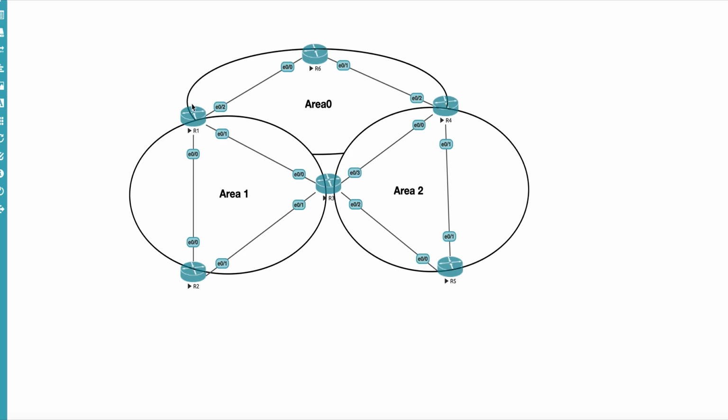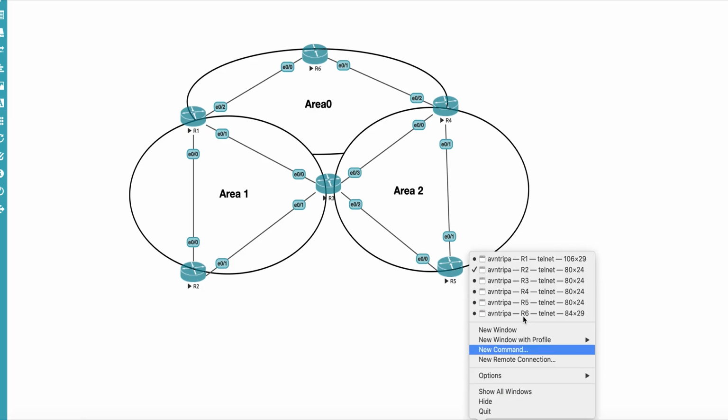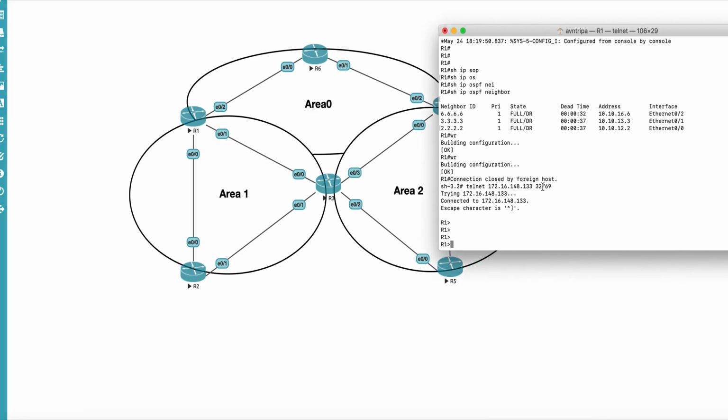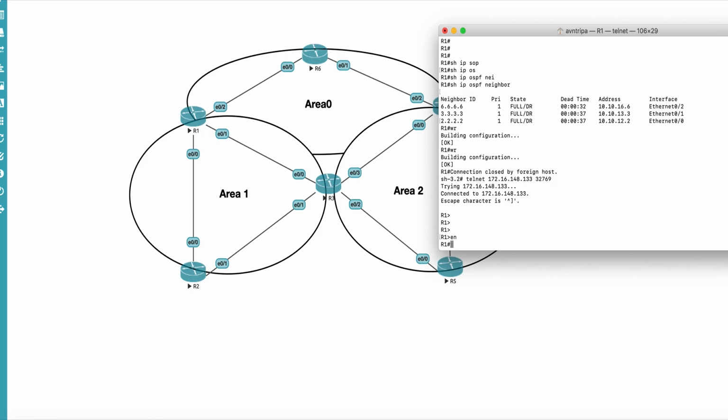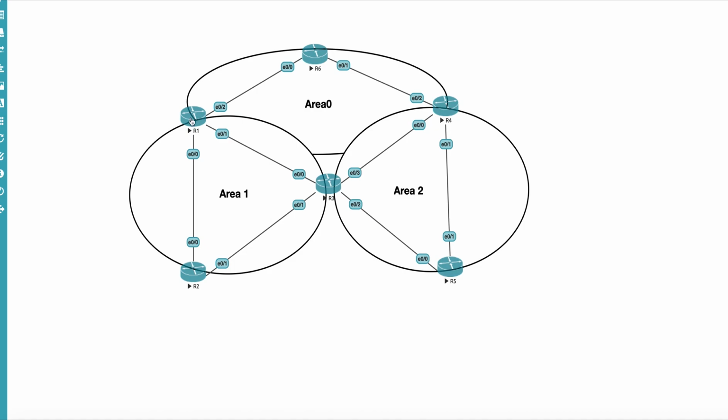If you see here, R1 is connected to R6 and R3. Suppose that R1 has full adjacency with the R6 router. So this is what it has, full adjacency in area 0.